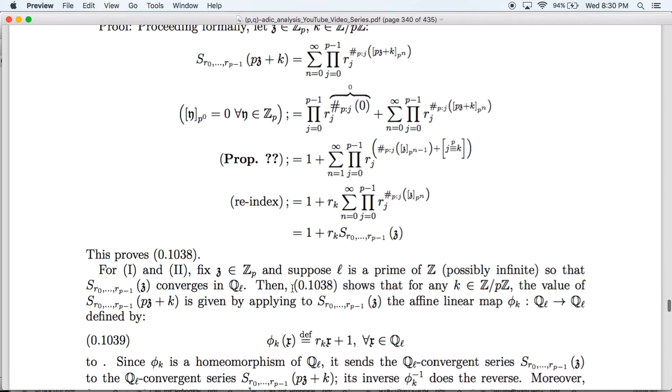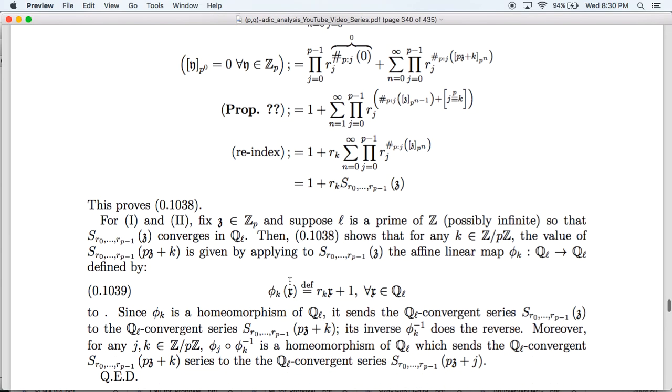The fact that this works is because these maps aren't just affine linear, they're continuous, and in fact they're homeomorphisms. So they're going to map QL convergent series to QL convergent series, and their inverse is going to do the same.